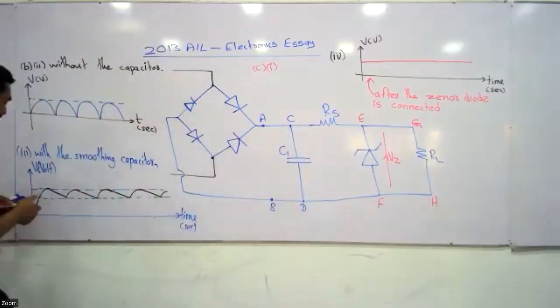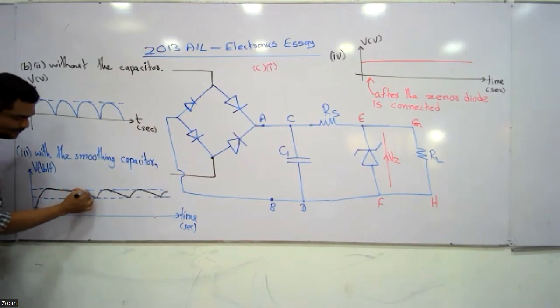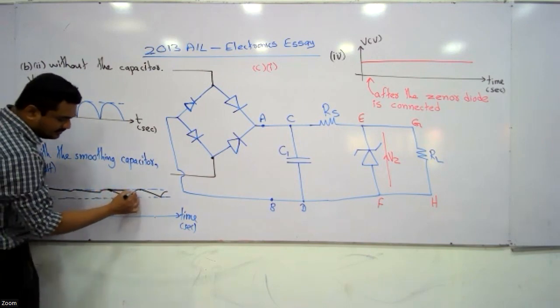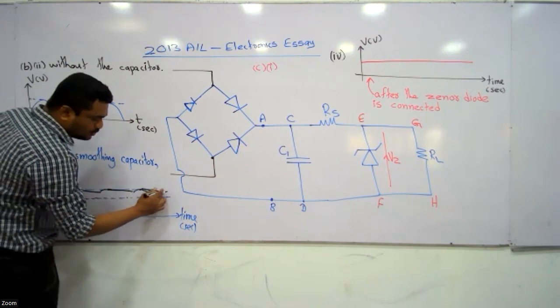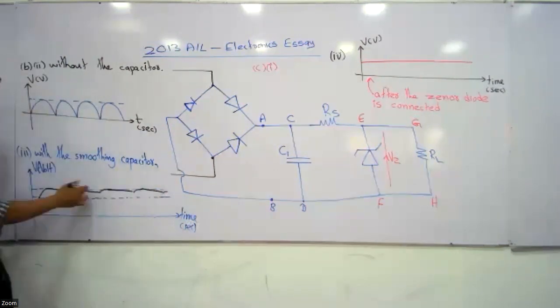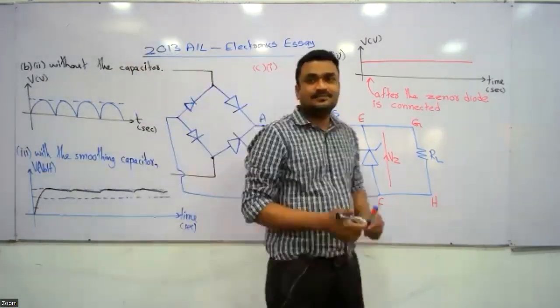If you use a larger capacitance, this straight line part will be something like this. The drop will be highly reduced. Can you understand? That's the drop. If you use a capacitor with a larger capacitance, you will almost obtain a straight line voltage.